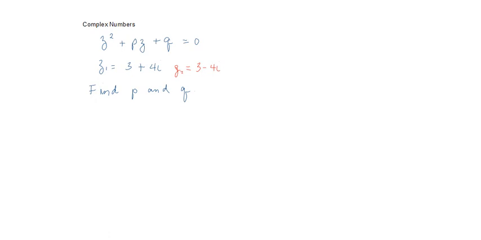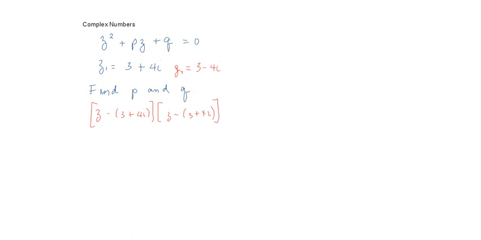Now, we return to this quadratic equation by starting with the roots. So we have z minus the root 3 plus 4i, and another one is z minus 3 minus 4i.